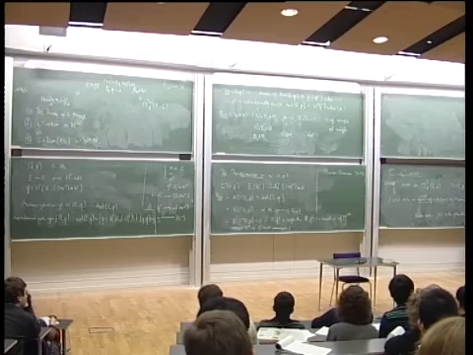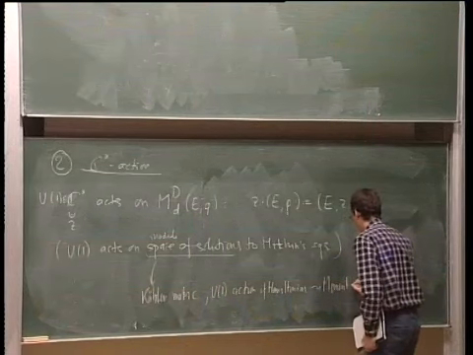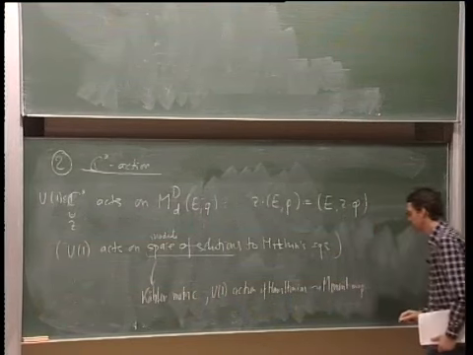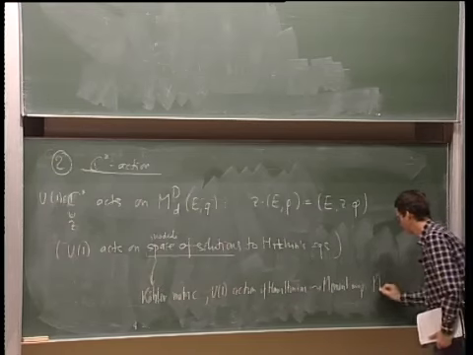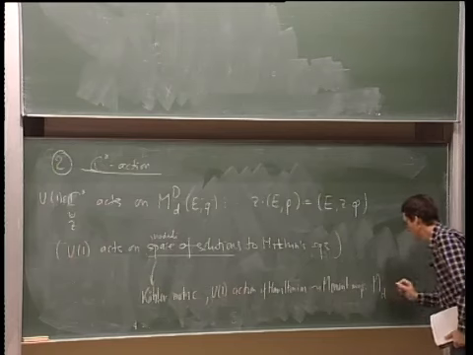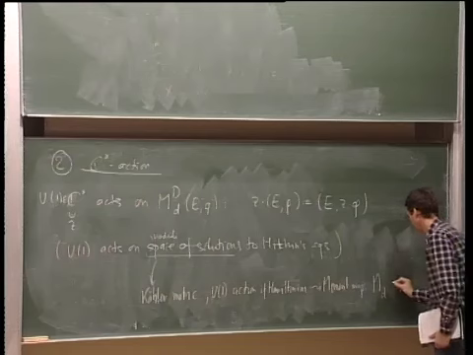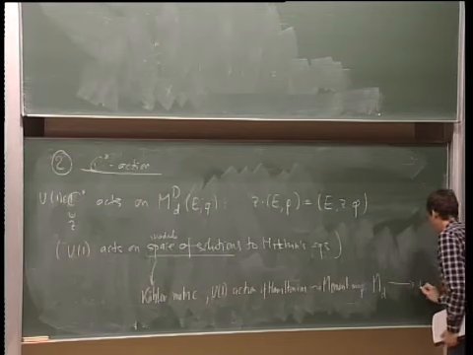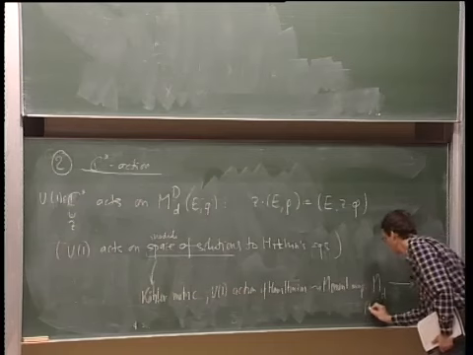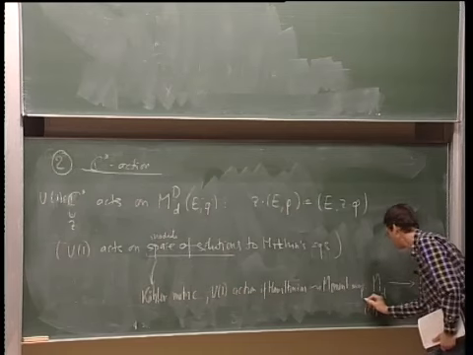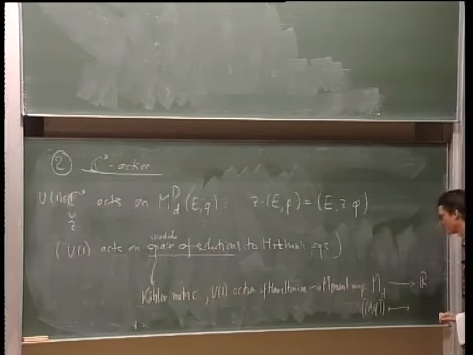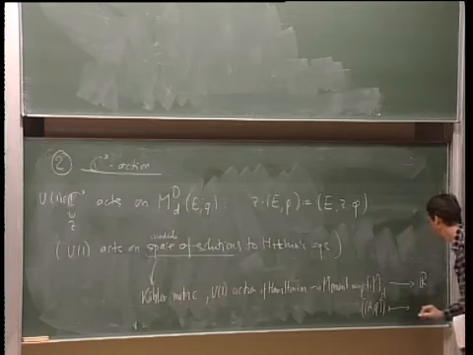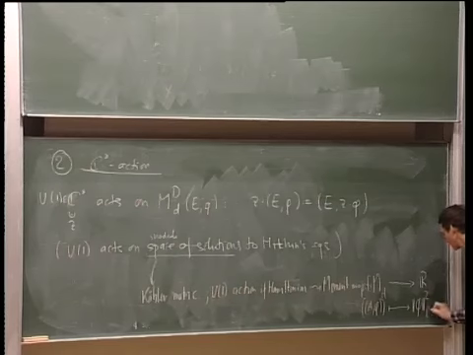And you get a moment map, from the moduli space M_D to R. Take a solution to the equations, its gauge equivalence class, to the L2 norm of φ.